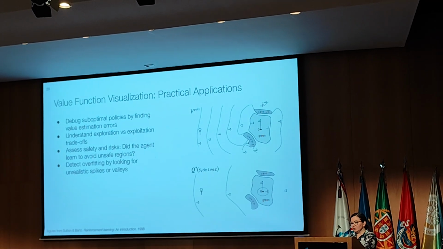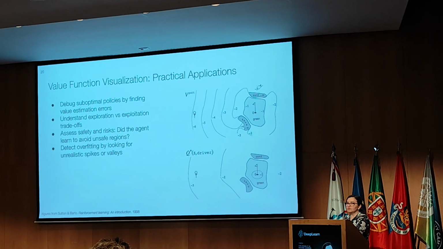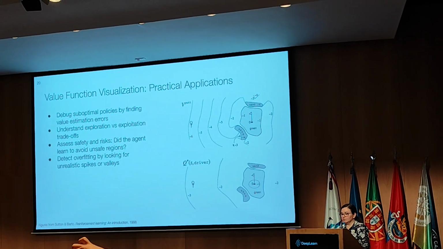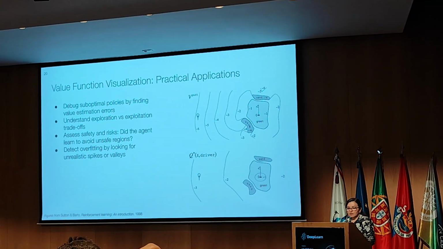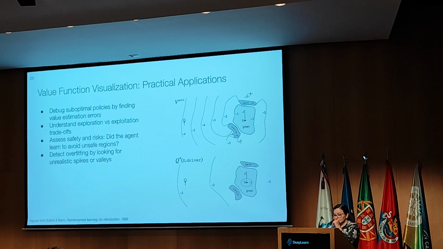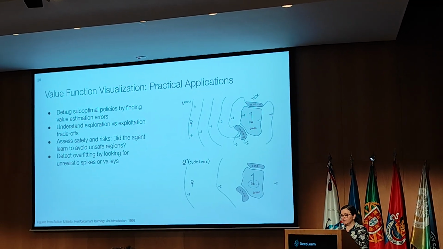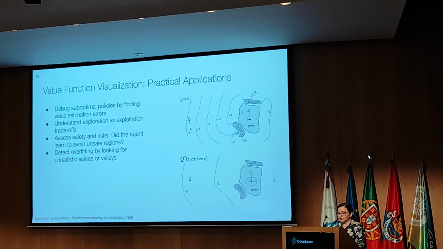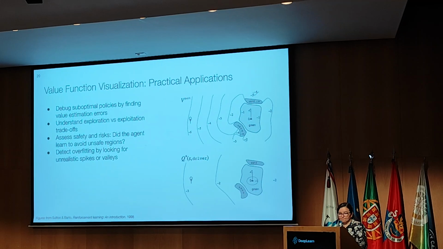So you would see whether your agent learns to avoid these very unsafe regions. Let's say here, for example, is clearly a problem. And then you can detect whether there's an overfitting problem. So if there's a spike or these regions do not look very smooth, that also shows that there's some sort of unrealistic scenario.